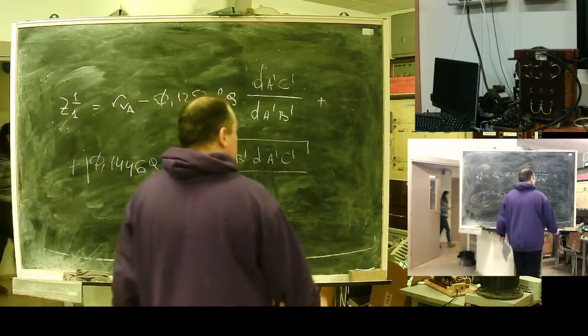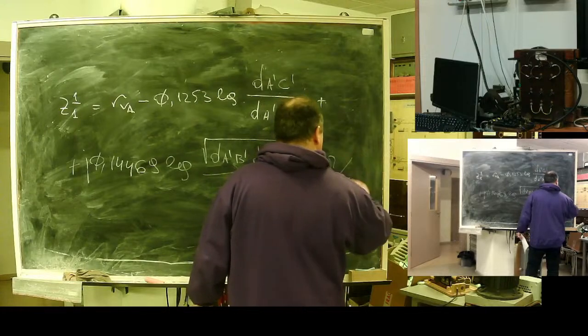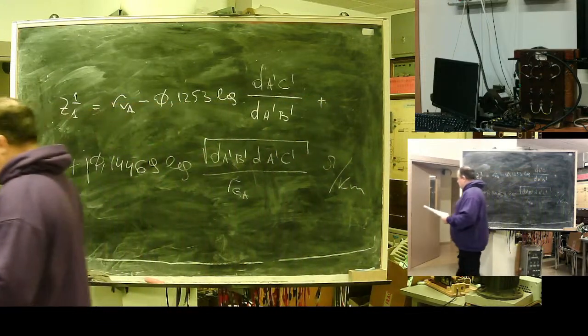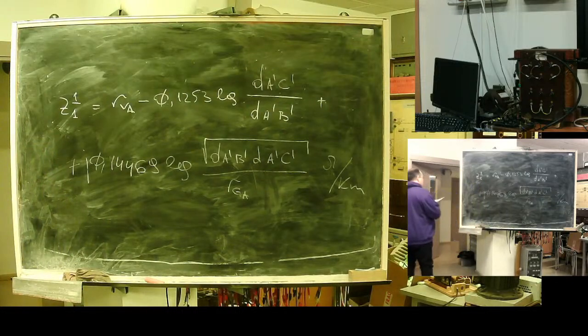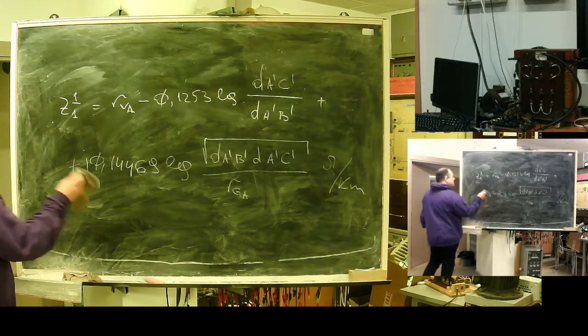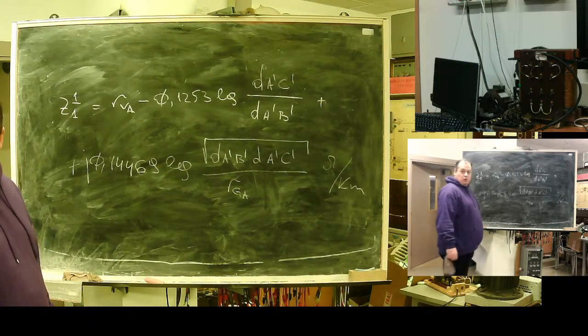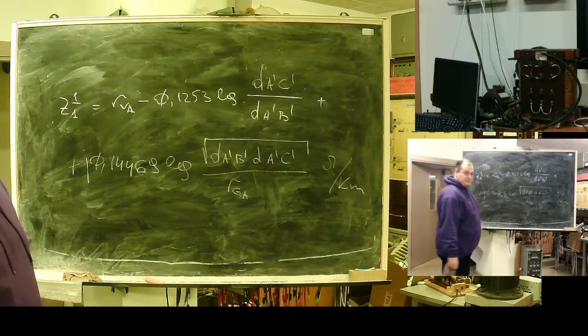It will be in ohms per kilometer of length. It's the self resistance. This one is for untransposed lines. This is more precise.